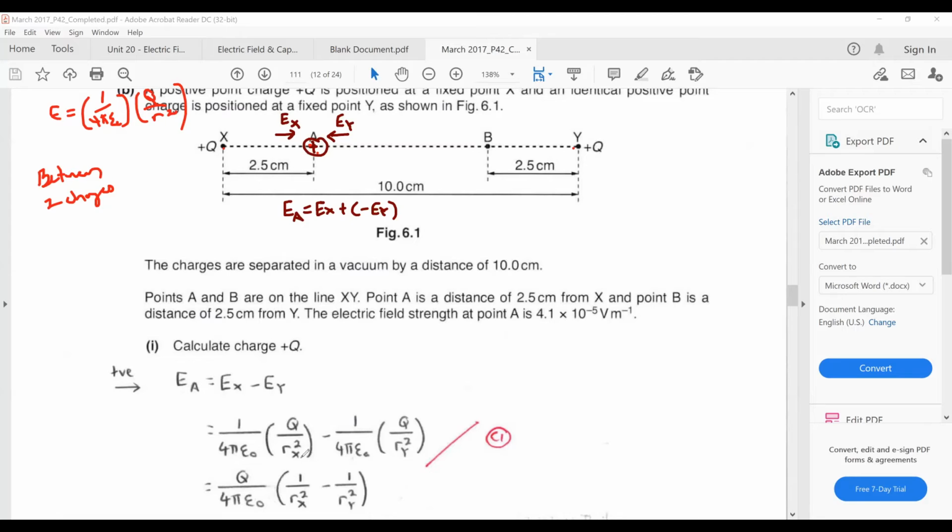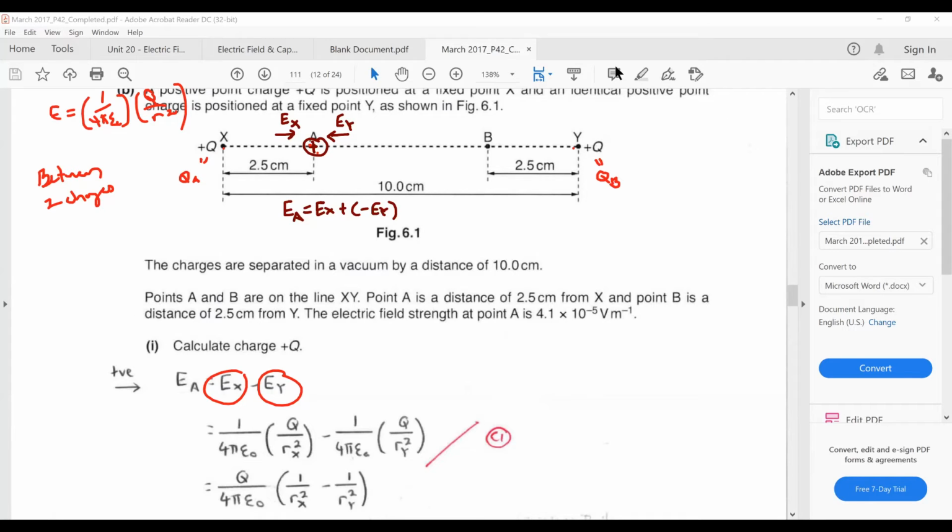So now I use the equation straight for X and Y. I get this. Right? This one is QA. This one is QB. I will still use the same Q because they have already given me the magnitude here.